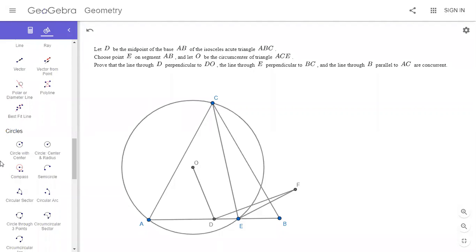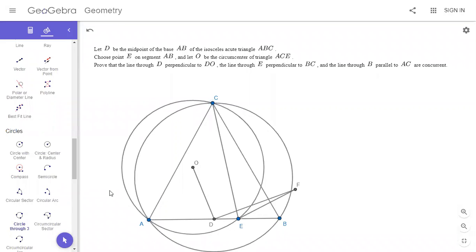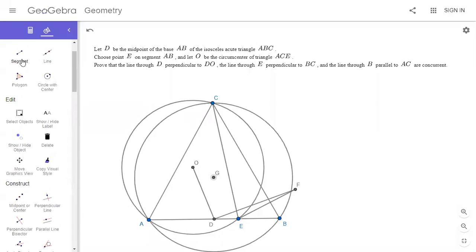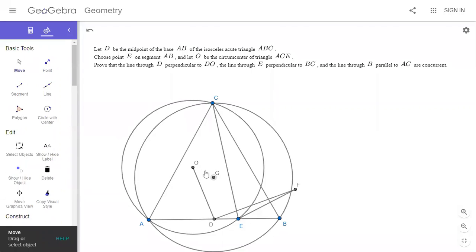You know what, let me do this just for the fun of it. I'm not sure if this is going to go anywhere, but what if I draw the circumcircle of ABC and draw the circumcenter of it? So OG is perpendicular to AC and GD is perpendicular to AB.